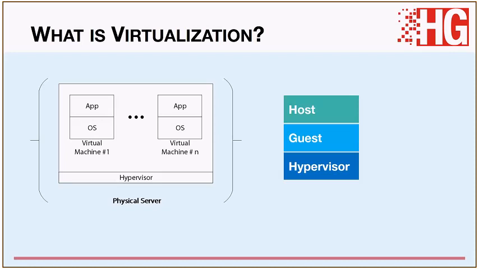So, quickly starting on an overview, what exactly is virtualization? Basically it creates what are called virtual machines, and it allows individual virtual machines to exist on a single physical server. There are some terms that you have to be aware of.